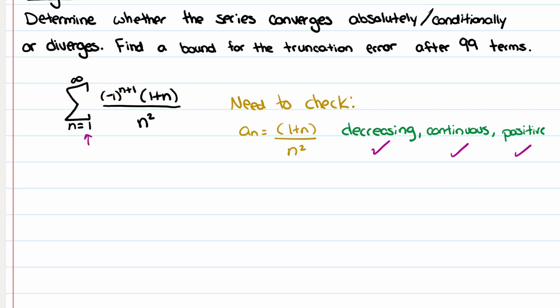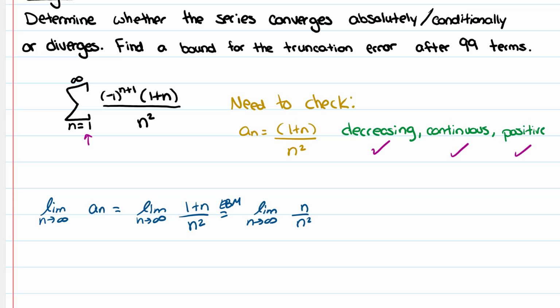So the alternating series test is the limit as n approaches infinity of a sub n. So it's the limit as n approaches infinity of (1 plus n) over n squared. And using an n behavior model, we get that this is the limit as n approaches infinity of n over n squared, which is the limit as n approaches infinity of 1 over n, which equals 0.